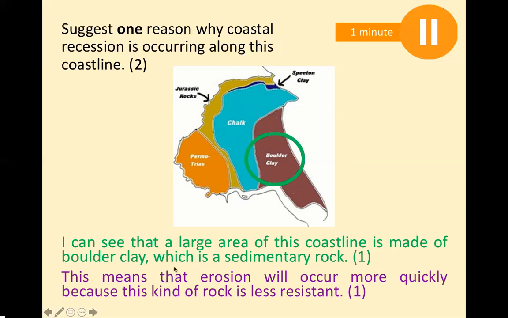This means that erosion will occur more quickly because this kind of rock is less resistant. So you've simply explained why the rate of erosion, why coastal recession is happening, because the rock is less resistant.